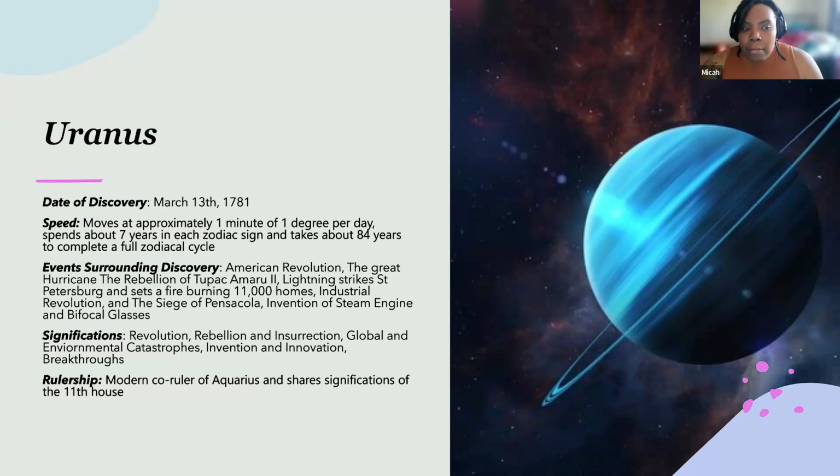But it's a planet associated with breaking through, with chaotic leaps, saying that something is outdated, or that something needs to be changed. We need to go further, much like Uranus itself.